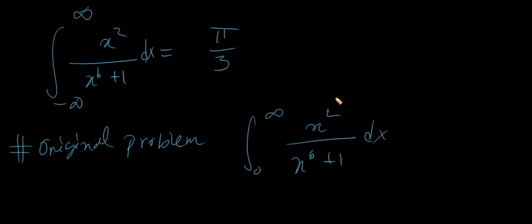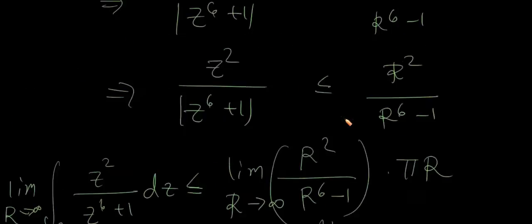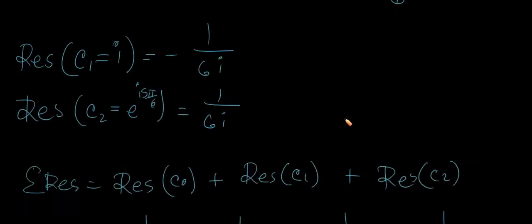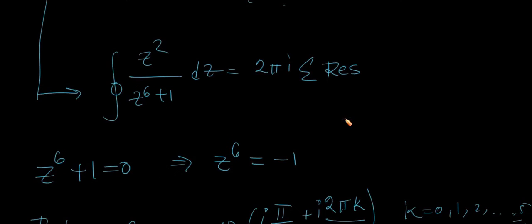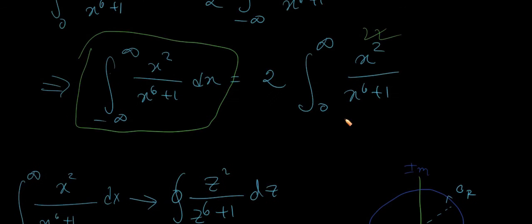And we also saw, using the idea of even and odd functions, that since this is an even function and you are calculating this one over here, this is the one we calculated from minus infinity to plus infinity.